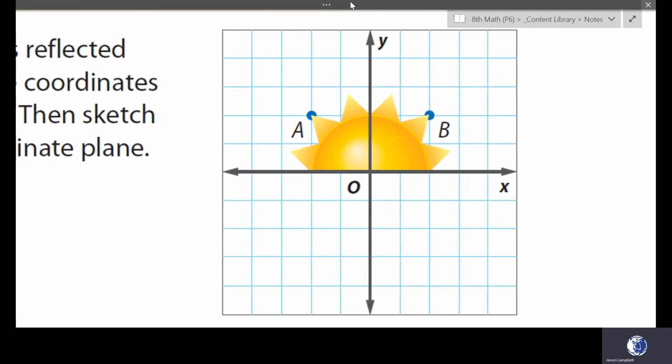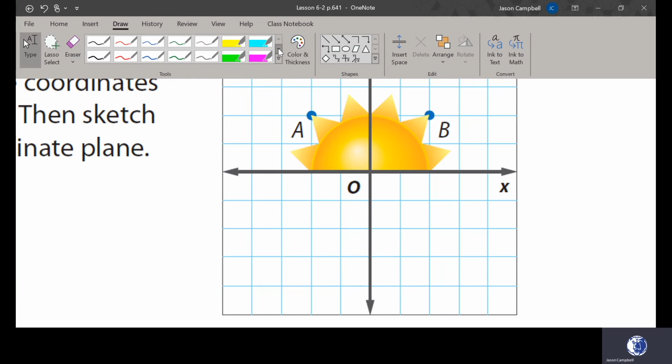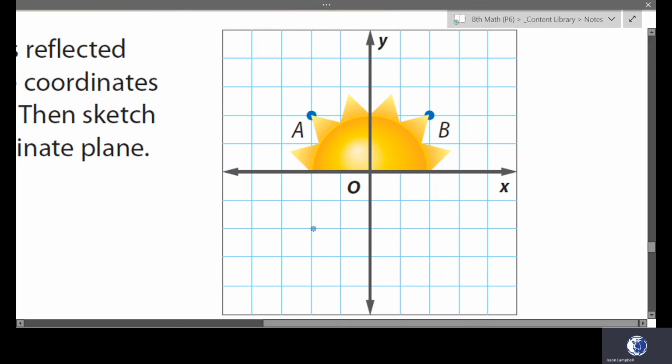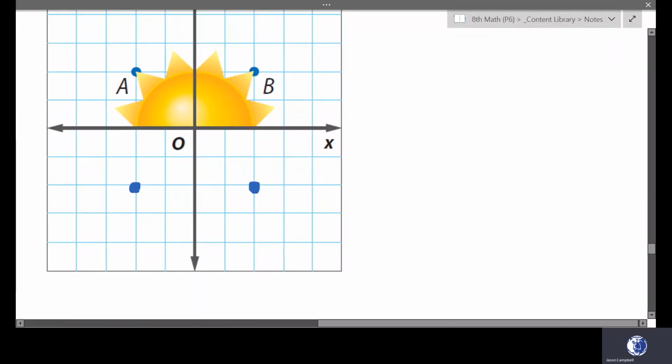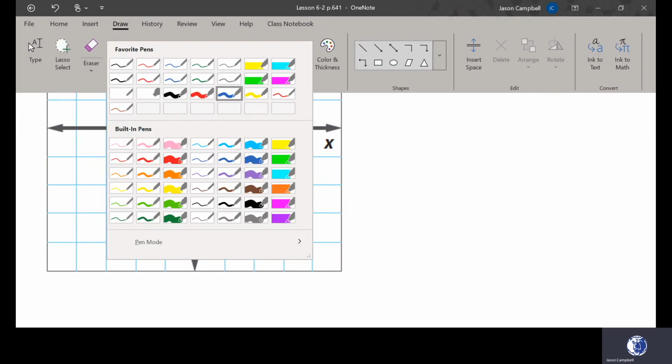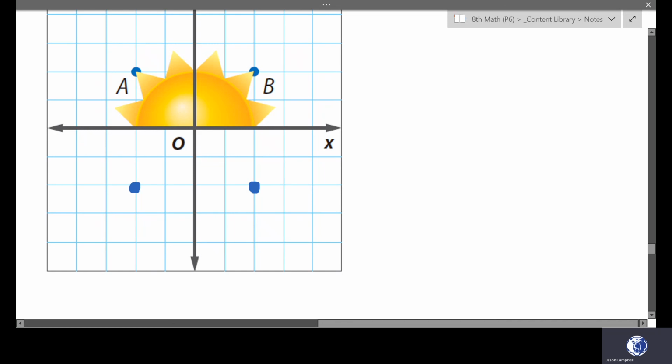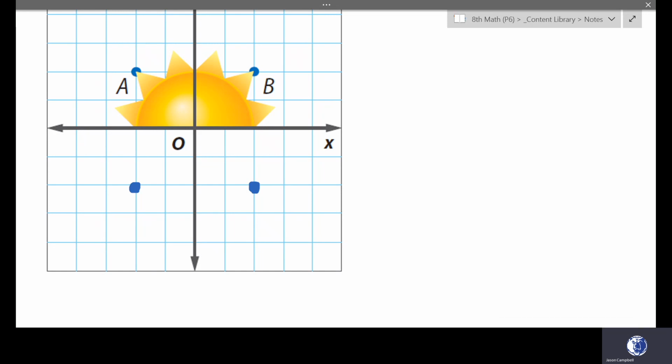So to reflect these points over the x-axis, A prime is going to go right here, and B prime is going to go right here. And if we wanted to finish drawing this, let's see, looks like we've got a circle here, and then some points.